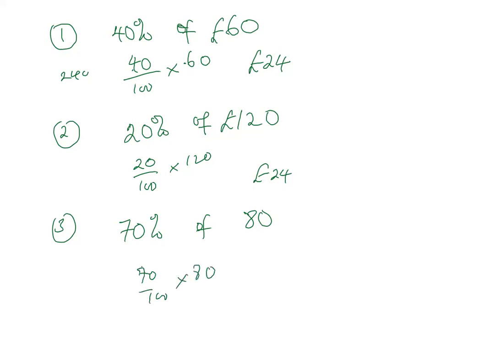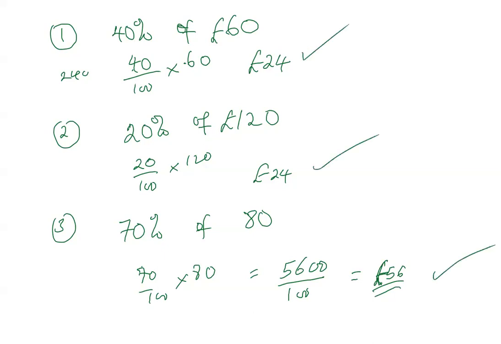So what is 7 times 8? 56. 56 over 100 divided by 100, so it's 56 pounds. So that is correct. If you got that one right, that's a very good job from you.